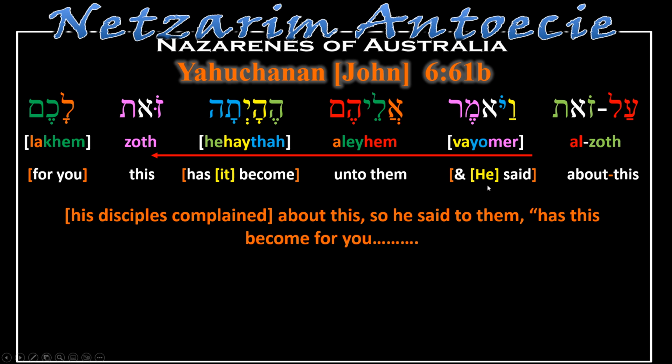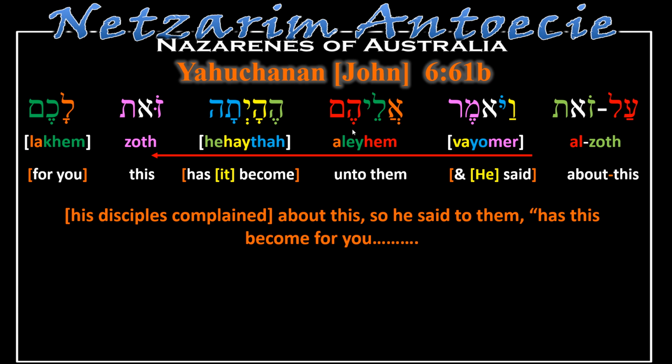Vayomer. And he said, because there's no pronoun, so it's him saying it. Alehem, unto them. Hem is them. He haita, has it become. And the root of it, of course, is haya, which normally means to be or to become, right?